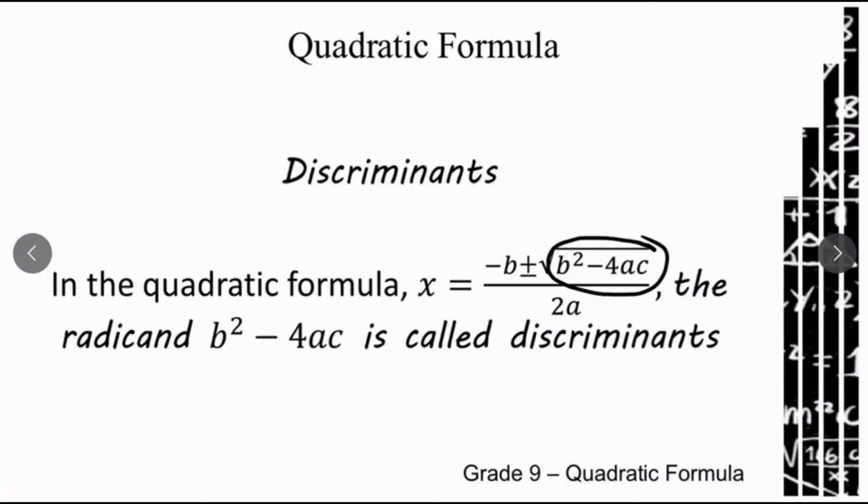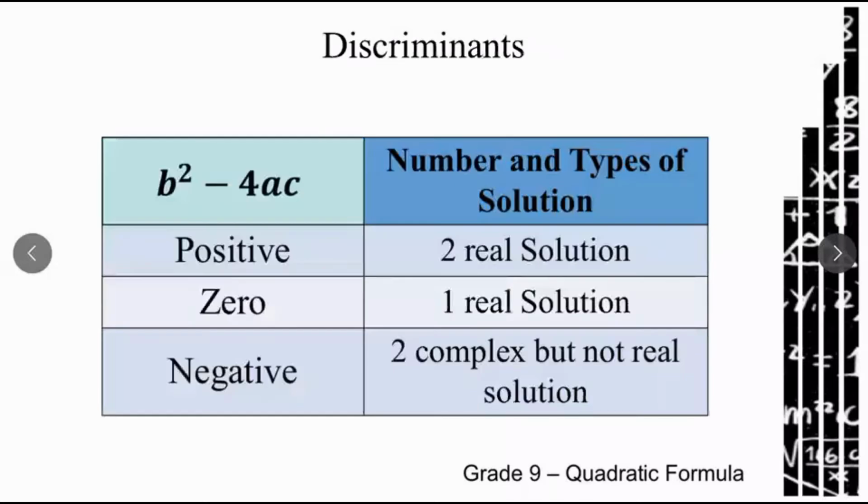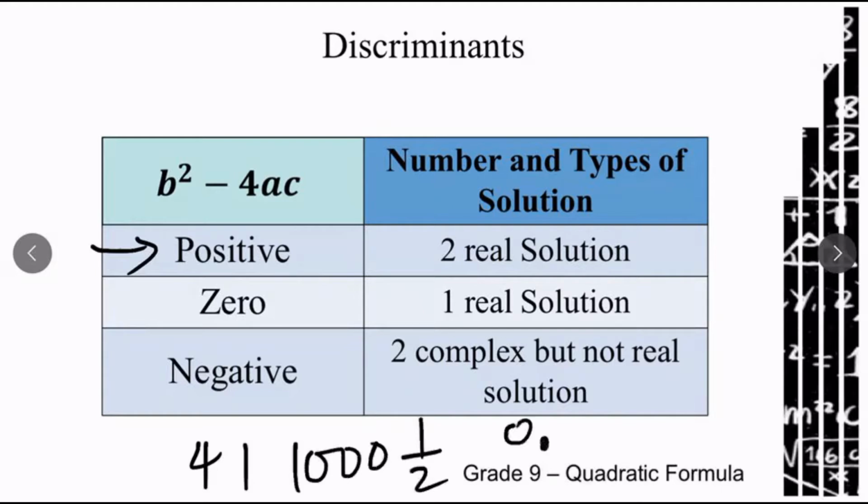So now, let us talk about the table representation of the values that we can have and the corresponding number of solutions. After solving b squared minus 4ac, suppose we have a positive answer. When we say positive answer, it could be 4, it could be 1, it could be 1,000, or it could be a fraction or a decimal.